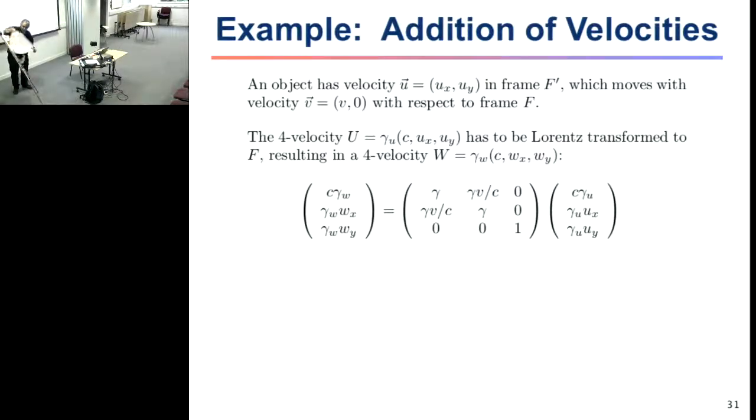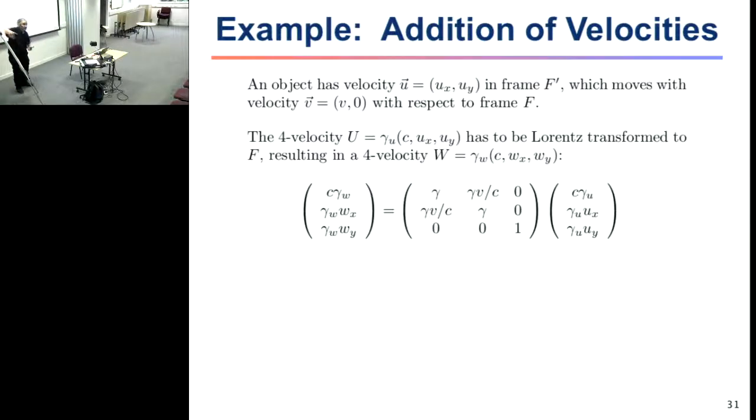So we've got three things going on here. We've got a frame at rest, that's my F frame. We've got my F prime frame, and then I've got this thing here. This is moving relative to this, and this is moving relative to this.